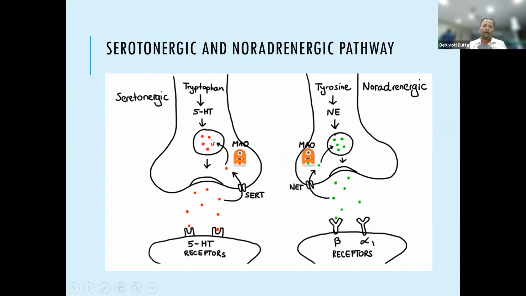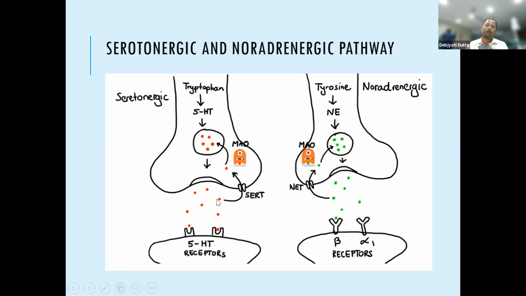Okay, and then when the vesicles secrete them, they are destroyed by some enzyme. So those enzymes can be stopped here, so that serotonin concentration is increased, or noradrenaline concentration is increased.